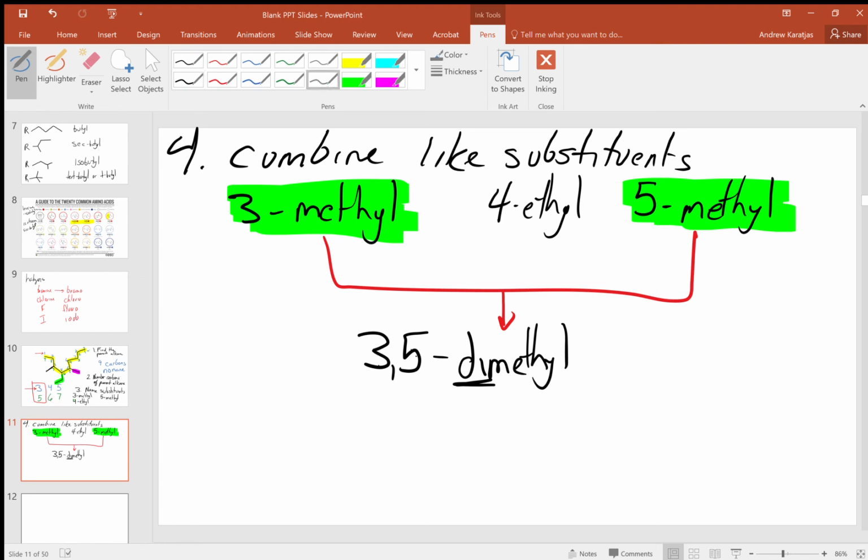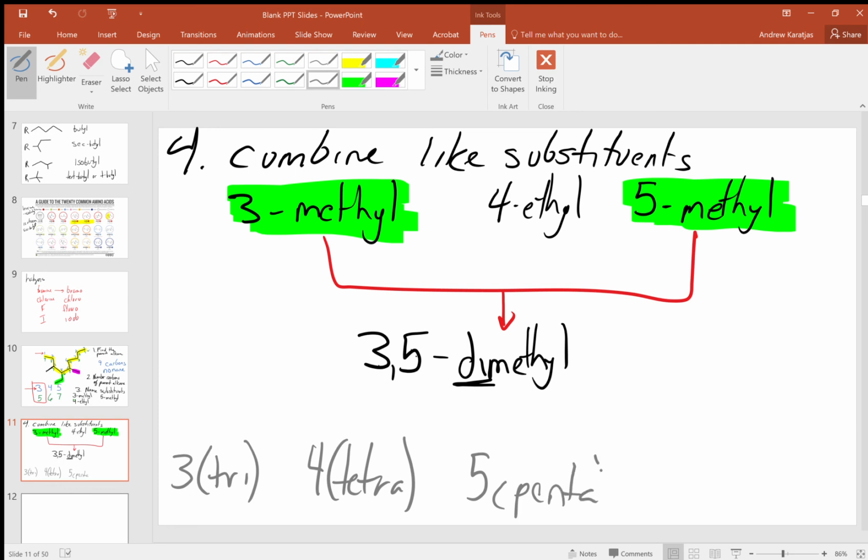What if we had 3 of a substituent? Then we'd call it tri. 4 would be tetra, 5 penta, and so on. Make sure you remember this one, tetra. That's the one I see students get wrong more than any other prefix in nomenclature.